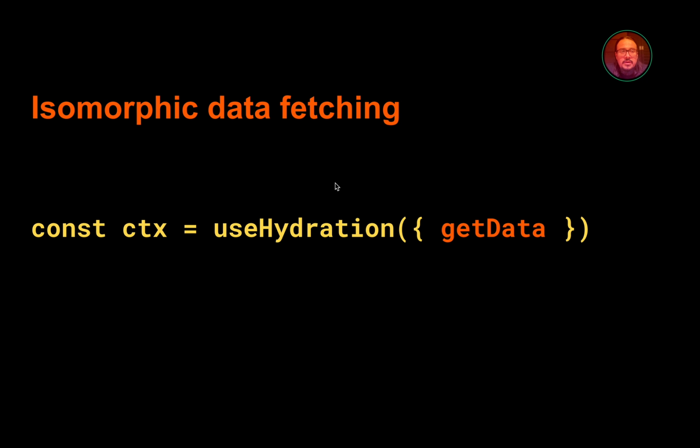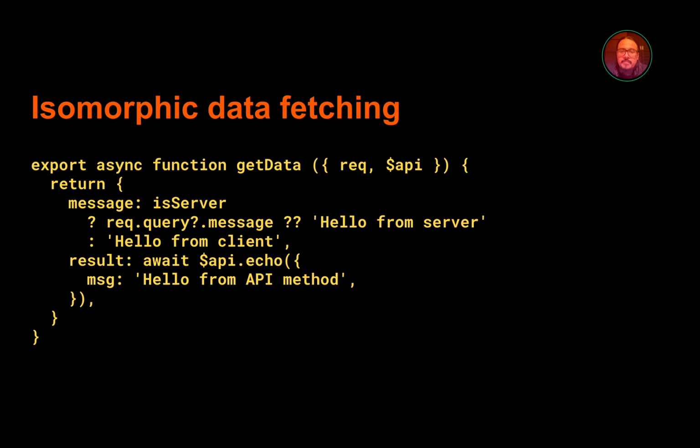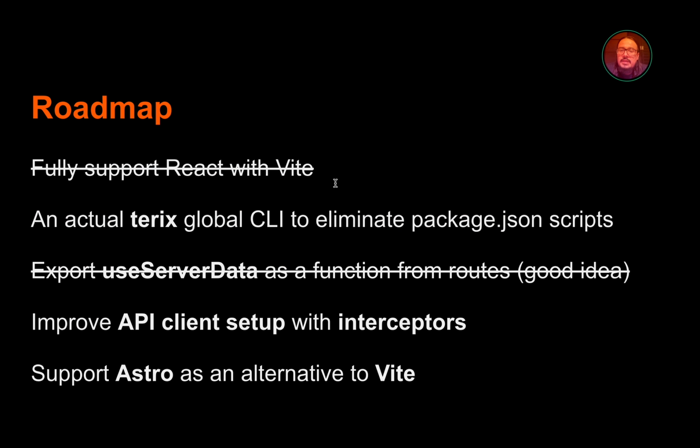On the server, they're going to trigger direct route handler execution. There's no need for an extra HTTP request. And if it happens on the client, there's going to be an API client request. So that's all automatically generated by using Fastify API and Fastify Manifetch, which are the supporting libraries for this setup.